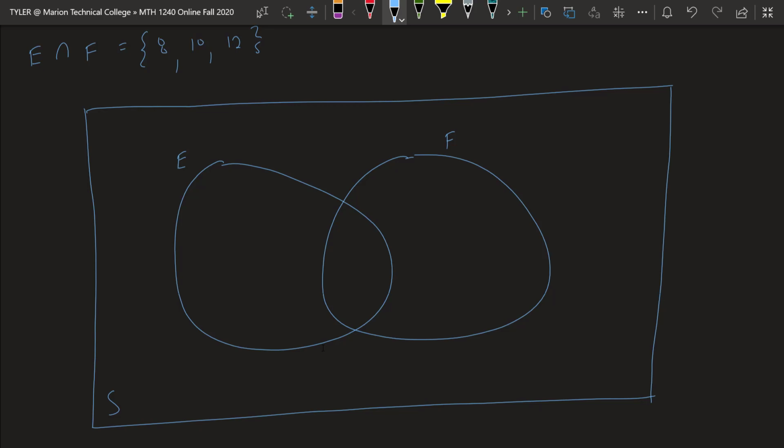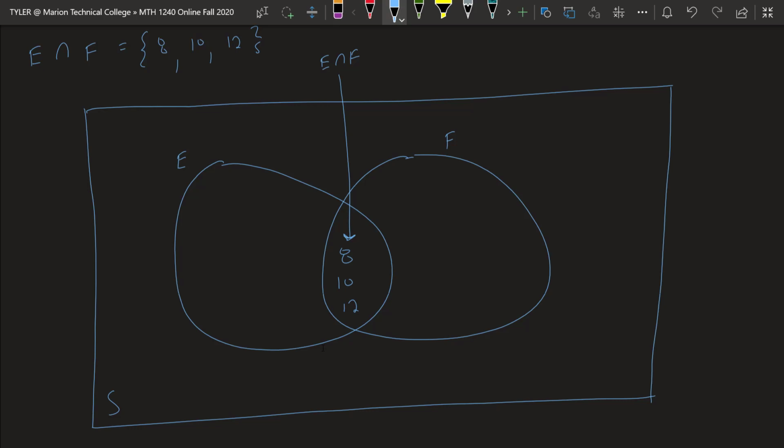What's in the center here is the overlap, so this would be E and F. The elements that go here would be the 8, 10, and 12, the common elements.